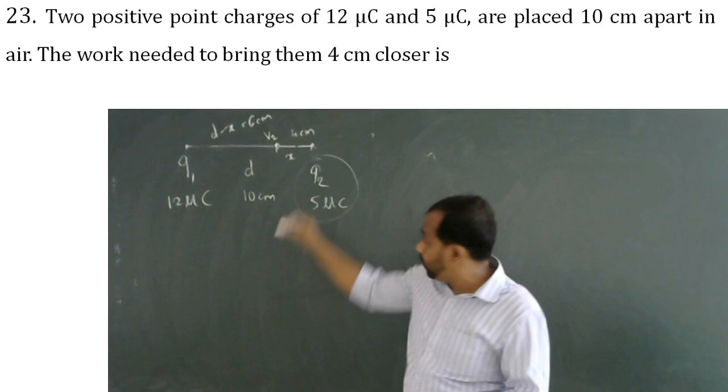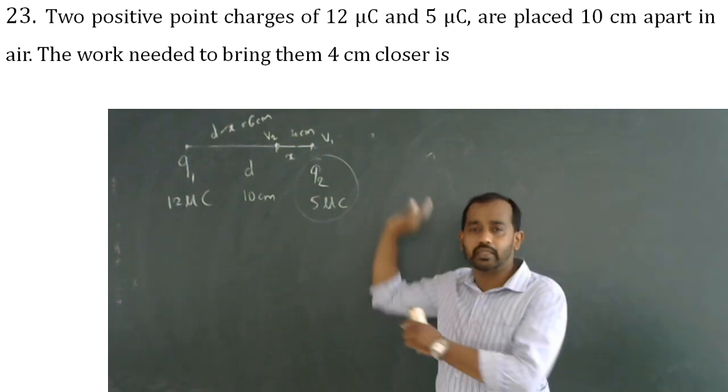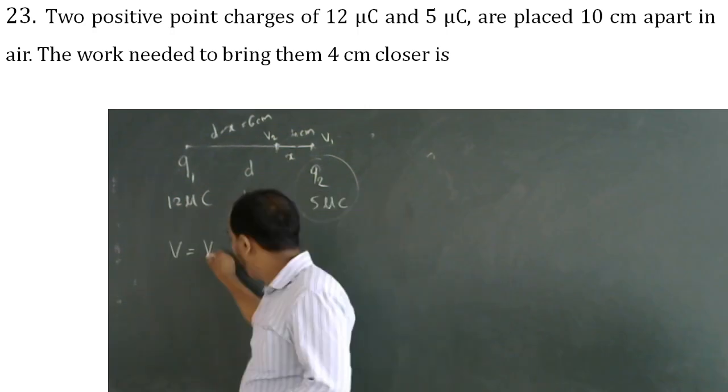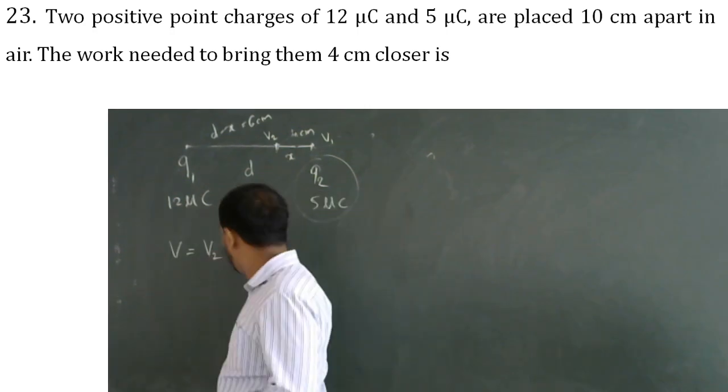Imagining that Q2 is not present in the picture, then the potential difference will be equal to how much? V2 is higher, so it will be represented as V2 minus V1. Since this position is closer, d minus x is smaller, that means closer to Q1.